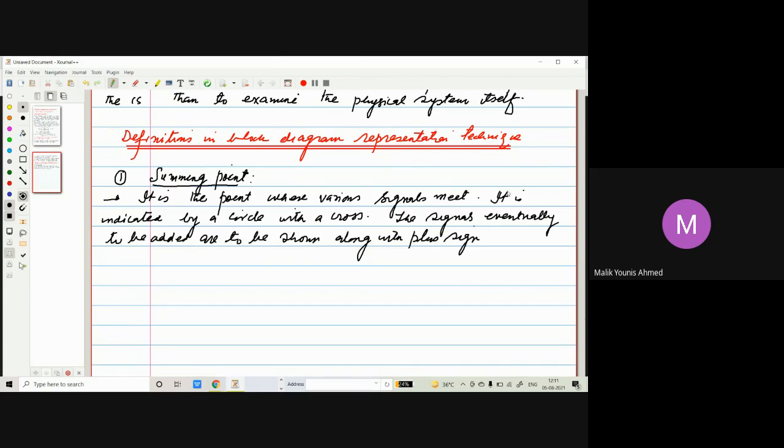And the signals eventually to be subtracted are to be shown with a negative sign.